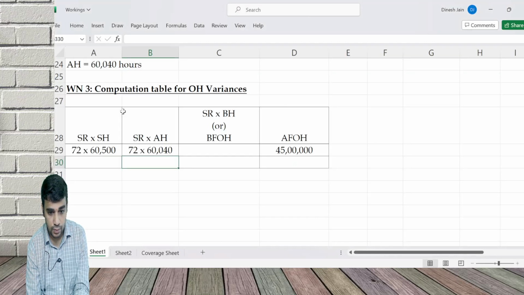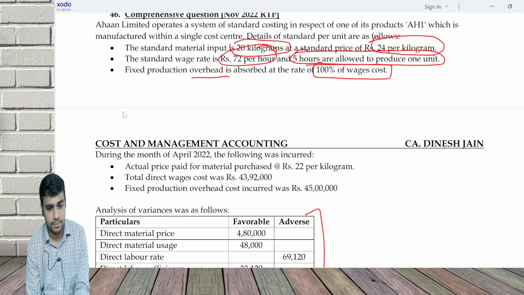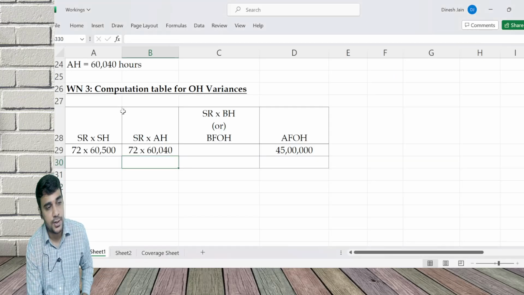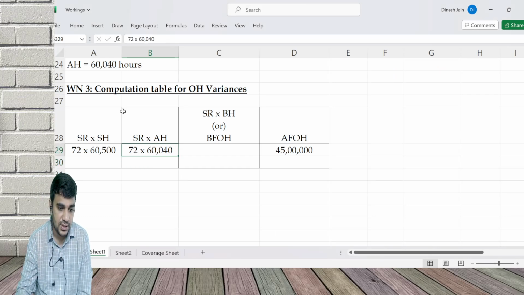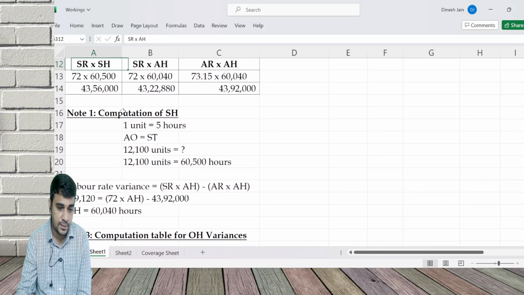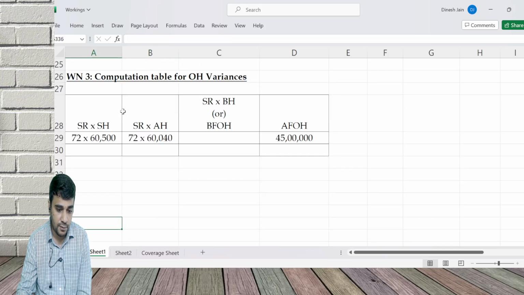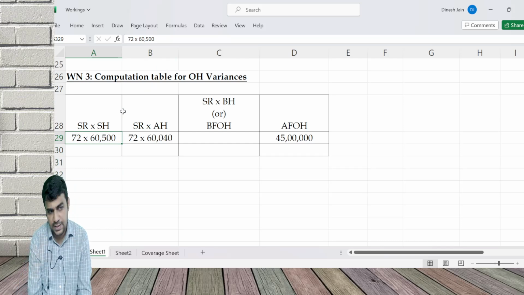No, that doesn't help me. It is just telling that your rate is going to be the same. Fixed production overhead absorption rate will be the same. That is why I copy pasted 72. If you see this SR into SH and our fixed overhead SR into SH, both are exactly the same because of the same rate. SH anyway we copy paste. In this question SR is also copy pasted.